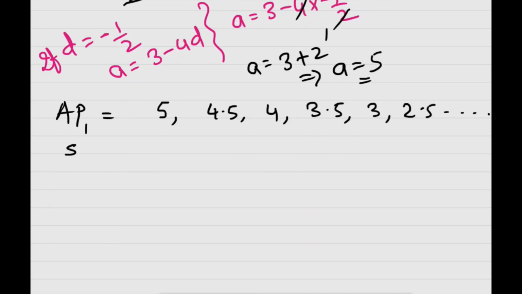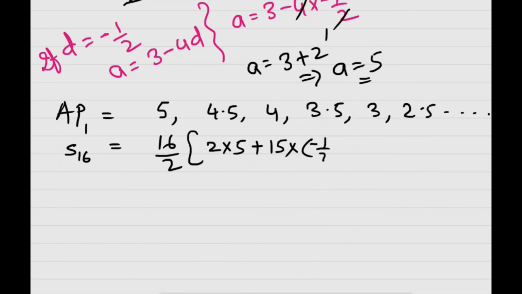So here what will be your S16? S16 will be equal to 16 by 2 into 2 into 5, 2A plus 16 minus 1, 15, and here your D is minus 1 by 2. Okay. So let us see what we are getting. Here 2 8s are 16. So 8. 2 5s are 10 minus 15 by 2.